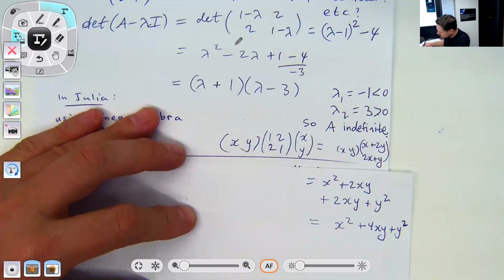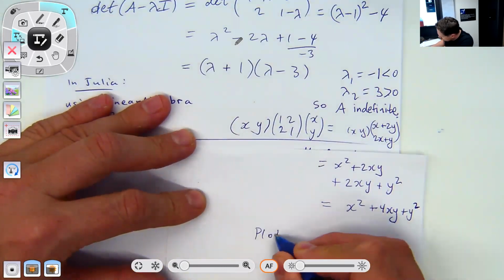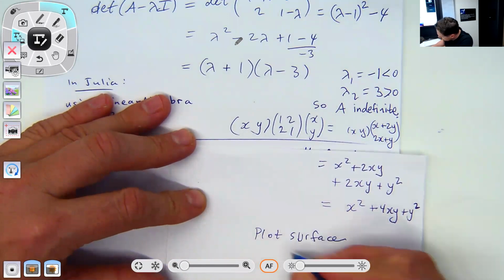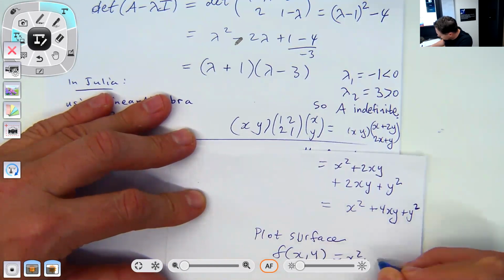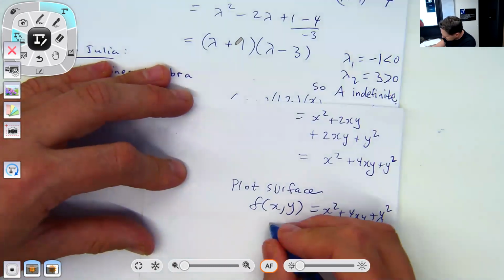All right, so I'm saying now plot the surface f of x, y is x squared plus 4xy plus y squared. Is it a saddle?